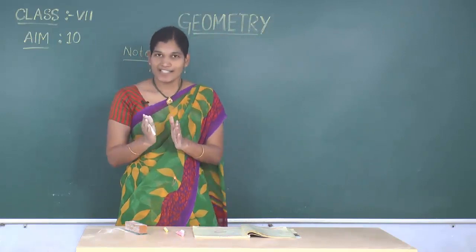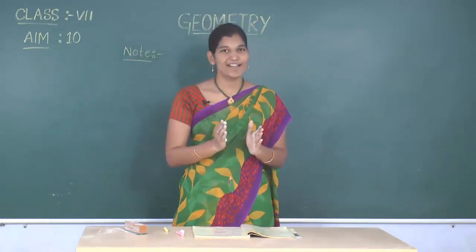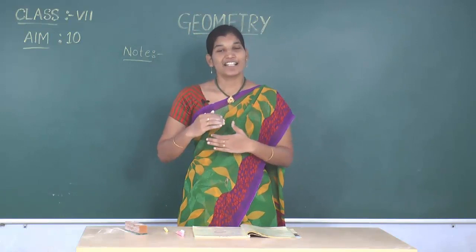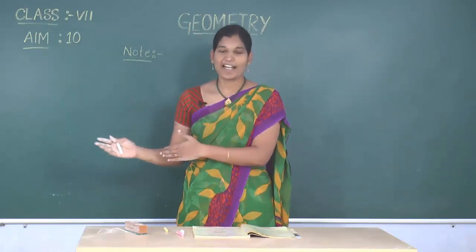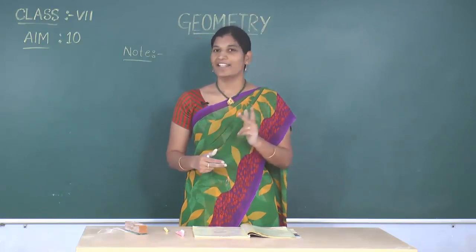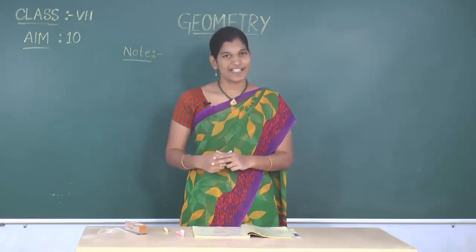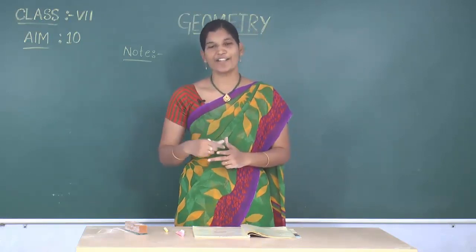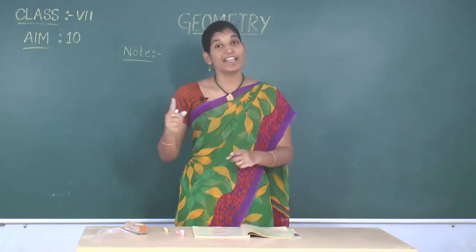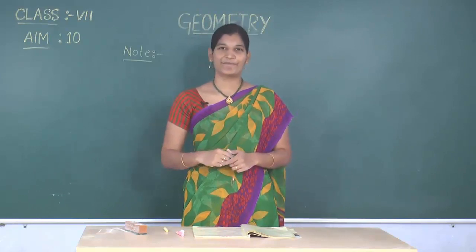The quadrilateral formed by joining the successive midpoints of any quadrilateral is a parallelogram. And the second one, the quadrilateral formed by joining the successive midpoints of a parallelogram is also a parallelogram.